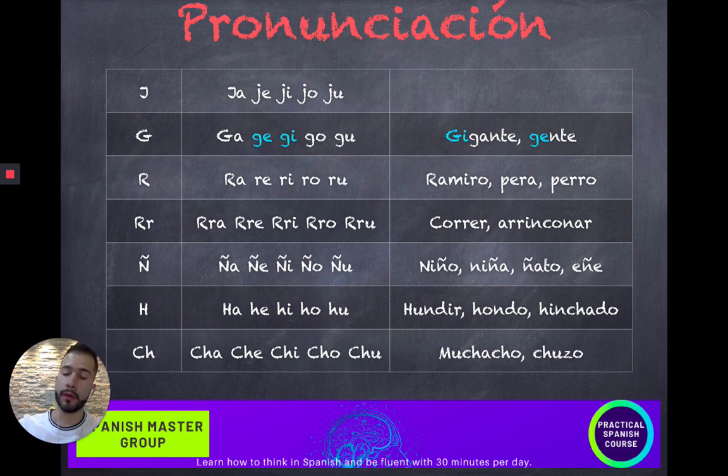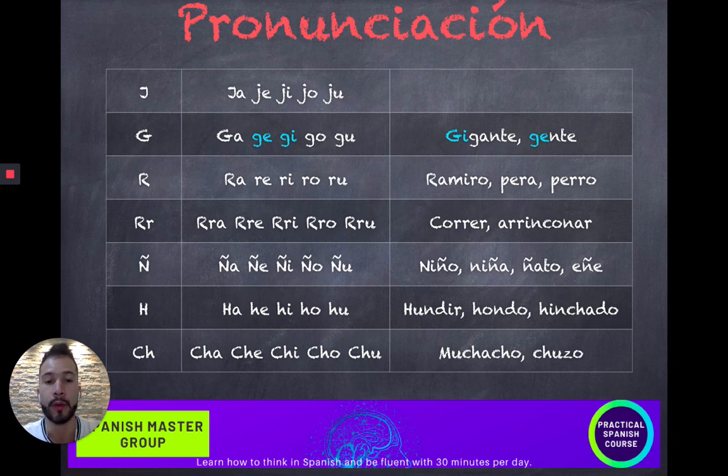If the word is pronounced with the strong sound in the middle, it is because it has two R's. Whenever it starts with one R it is the strong sound, but if the one R is in the middle of the word, it is the light sound, the one hit.